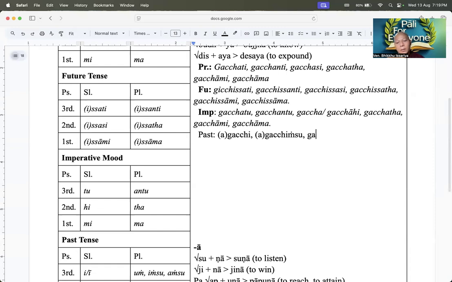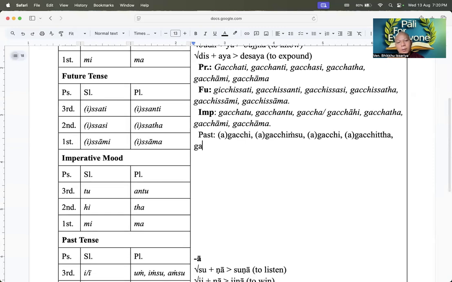And then second person singular also like gacchi, agacchi, and then plural is gacchittha, agacchittha. And then third person past tense singular is gacchi, agacchi, and the past tense plural is gacchimha, agacchimha.